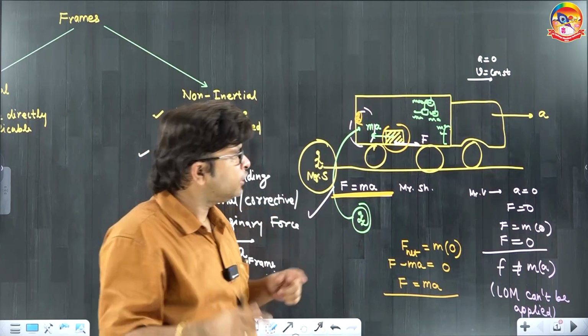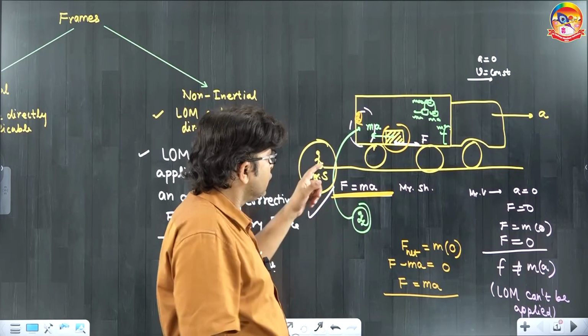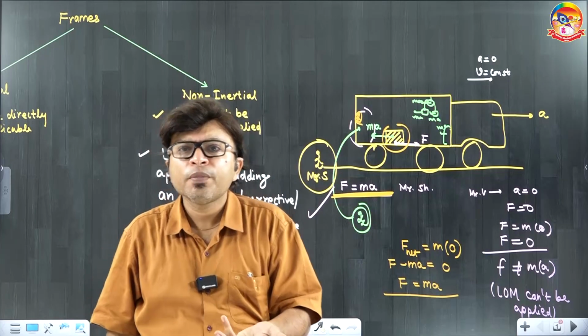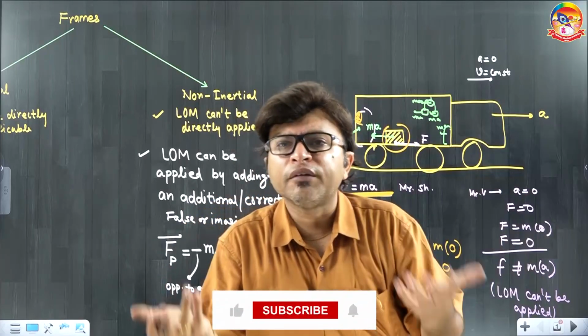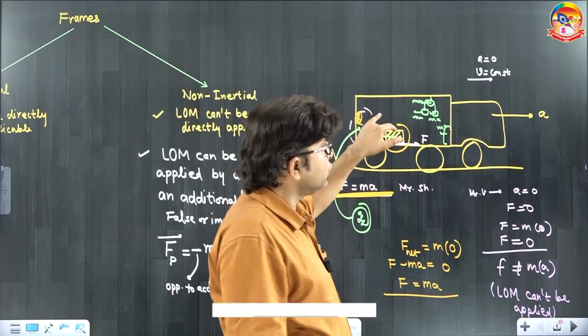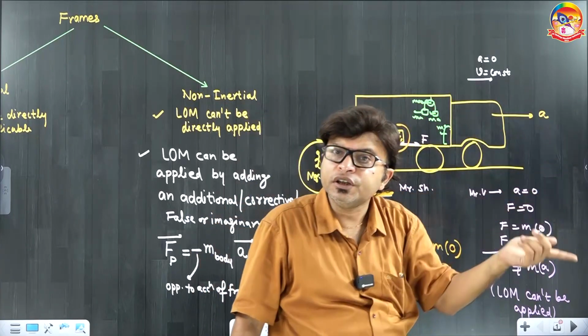And if the acceleration is 0, then what Mr. Sharma will be observing, he will also be saying F is equal to m into 0. That means F is 0. Similarly, what Mr. Verma will be saying, he is also saying the same thing, F is equal to 0. So now both are correct or not? So both are correct if it is moving with constant velocity.